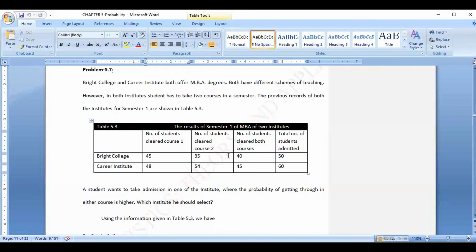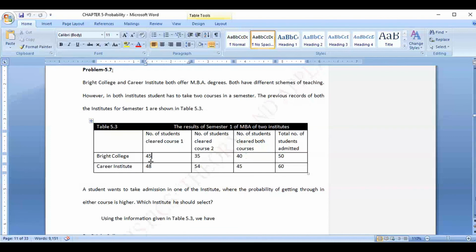This is how the constitution of students goes. Career Institute similarly admitted 60 students. Out of this, 48 people offered course 1, 54 people offered course 2, 45 offered both. So this is how it is going to be. Please don't take the sum of this.